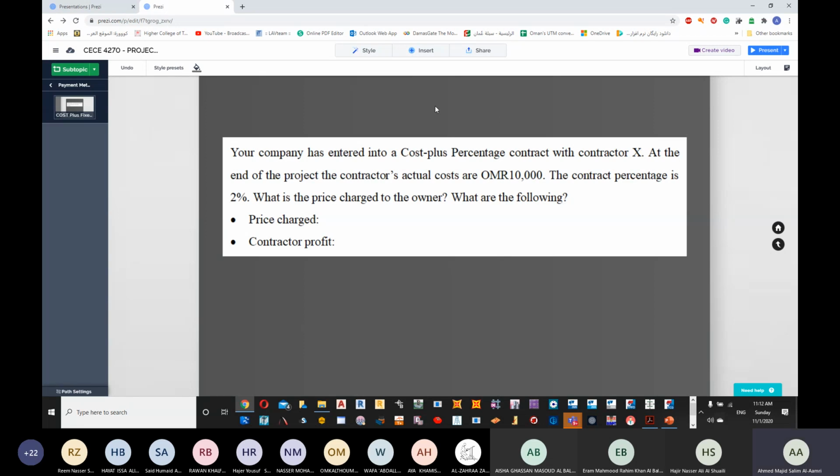Whenever time is increasing, it means that the actual costs are increasing. Whenever the actual cost is increasing, my profit is going to increase because it's a percentage now. Is it clear? So for a complicated project, the contractor will push for taking a percentage rather than a fixed fee. Are we okay?